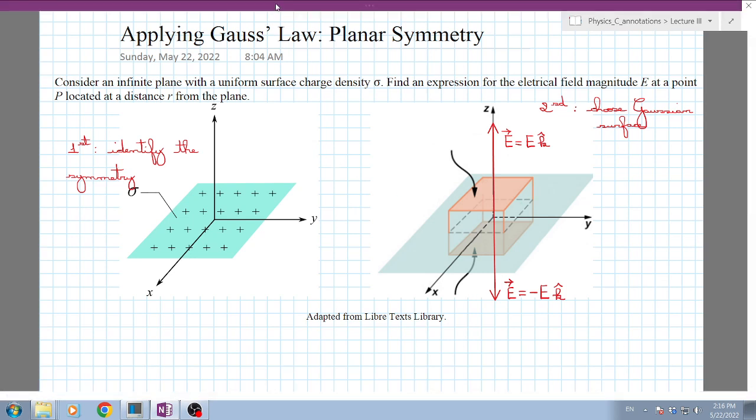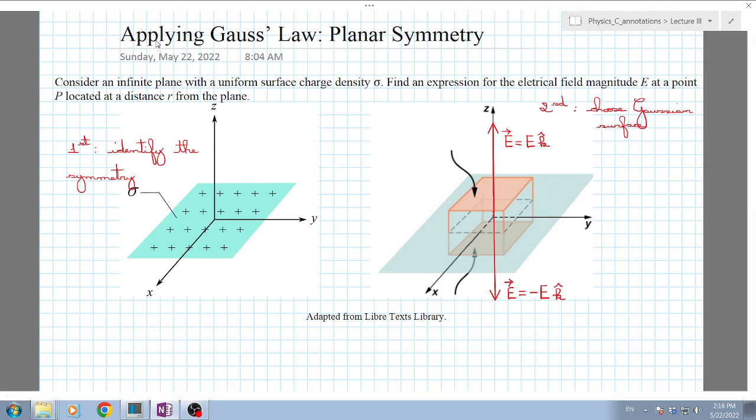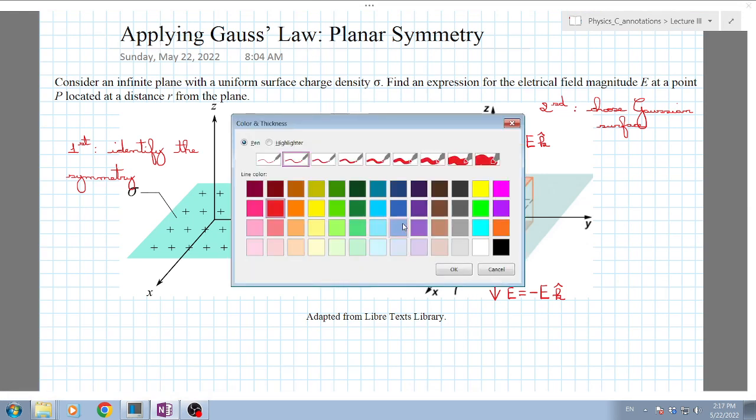Okay, so the normal vector for this problem is going to be right here.